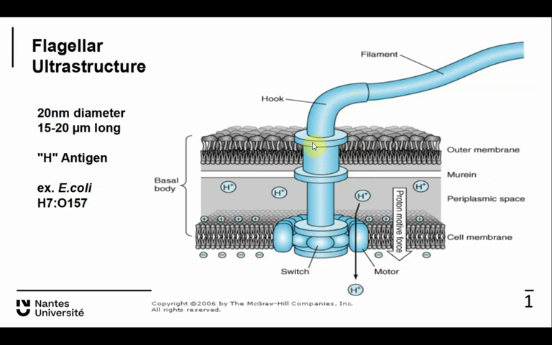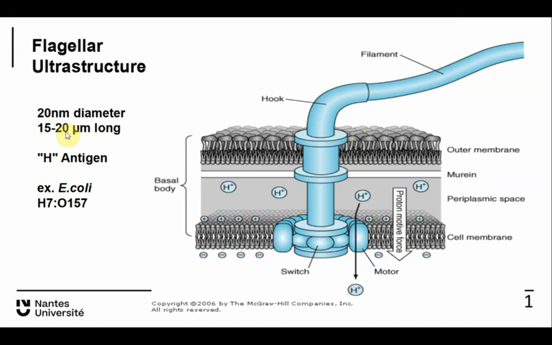And at the top you have a hook made of protein to induce a bit of curvature here, so that the flagellum isn't pointing out perpendicular to the surface of the cell. And then a long filament made up of thousands of copies of the same protein, flagellin. So this filament will be 15 to 20 micrometers in length.